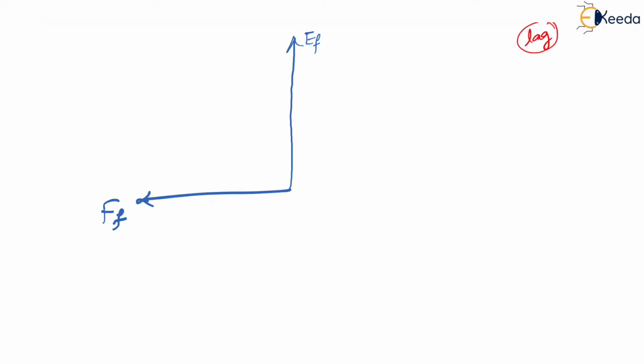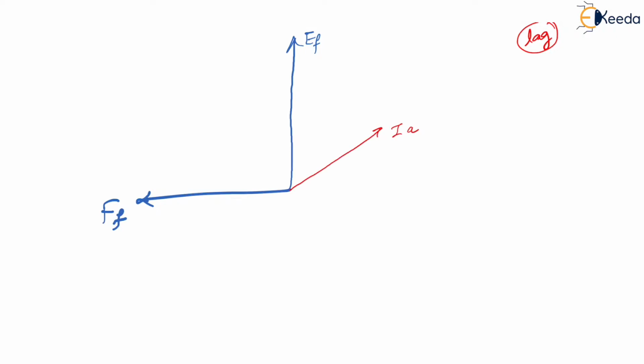Now we will try to draw the things which we have already seen earlier. For example, we know this is FF. At 90 degrees to this FF, we have the no load EMF, which is EF. Because of this field FF, I have got EMF EF. Now, if I consider IA lagging, then IA will lag behind EF.